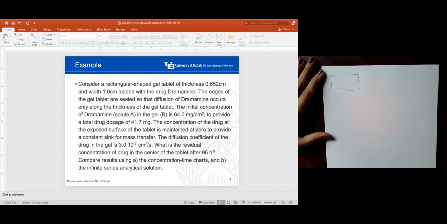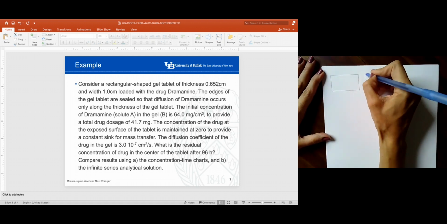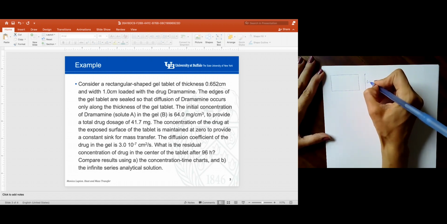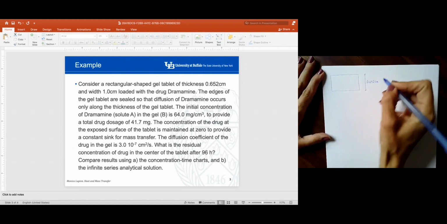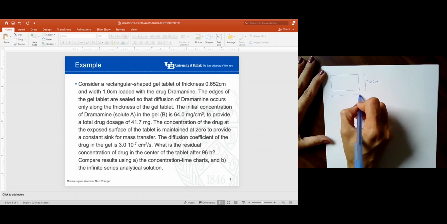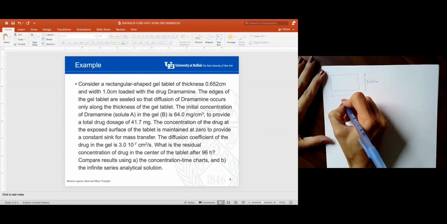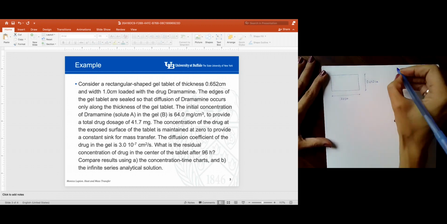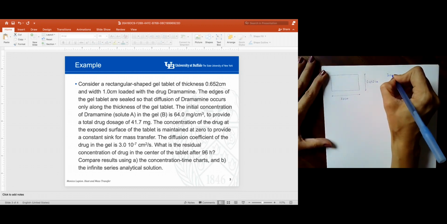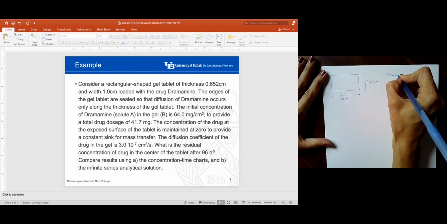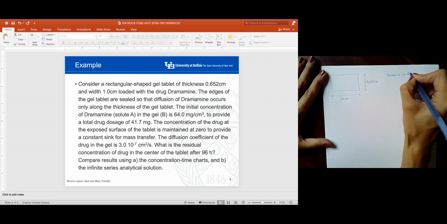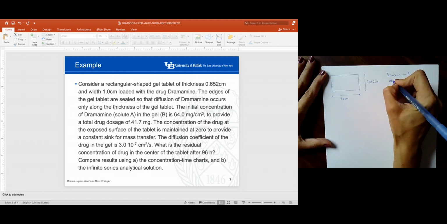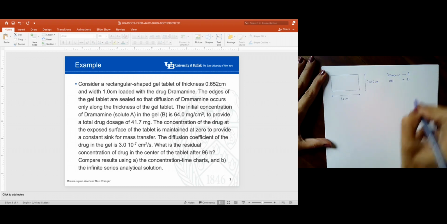Okay, and the dimensions are 0.652 centimeters thickness, and this other dimension is 1.0 centimeter. And we know, well, the drug is the element A, and the gel is the element B.